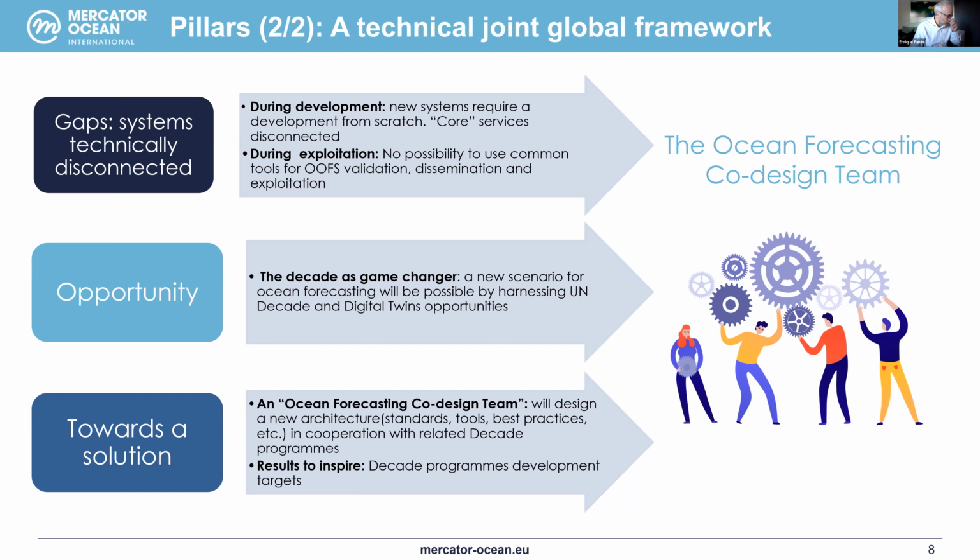The idea is that once we are able to design this architecture and put it on paper, write it in a series of papers, this will be an inspiration for decade programs to define their own development targets. So if we are able to co-design this architecture and put it on paper, then the decade programs could build the different bricks, the different tools, best practices, and standards that are required.